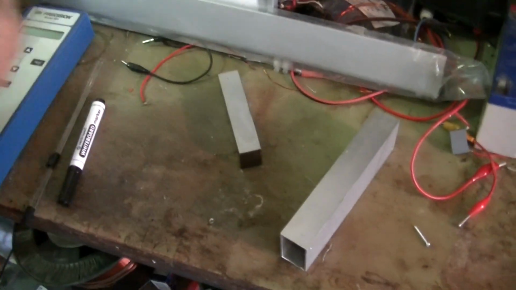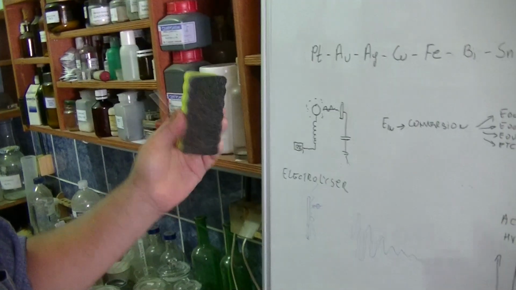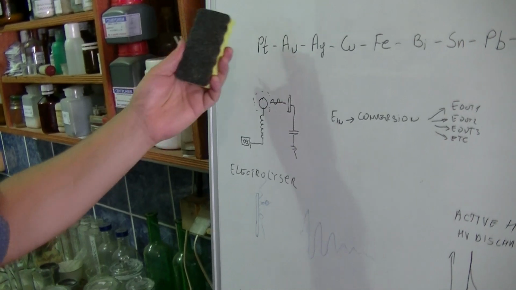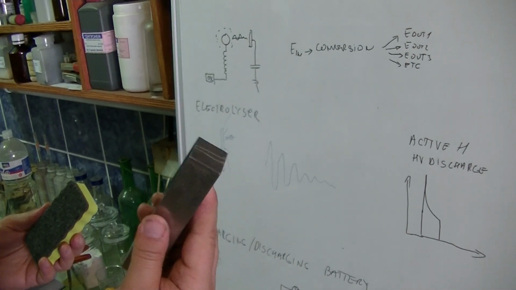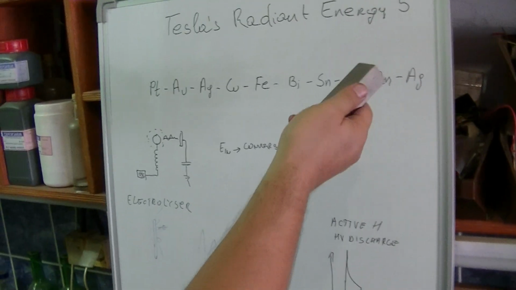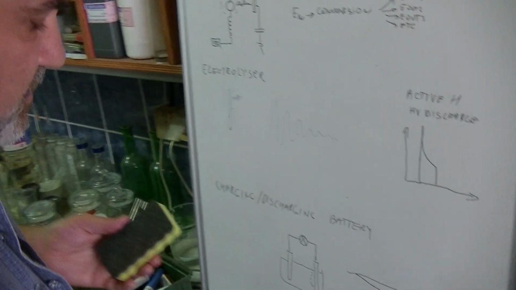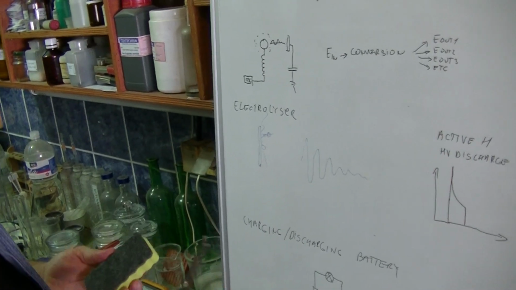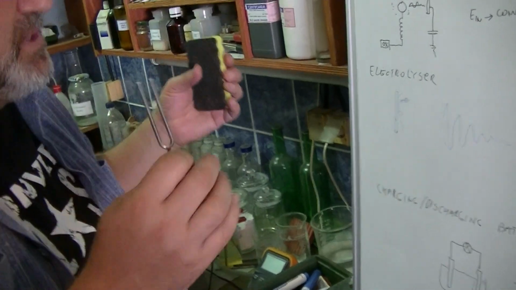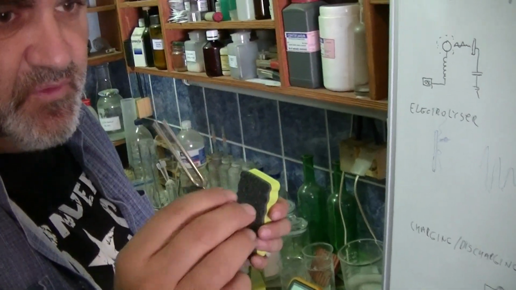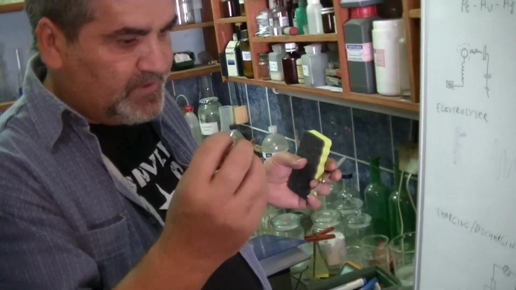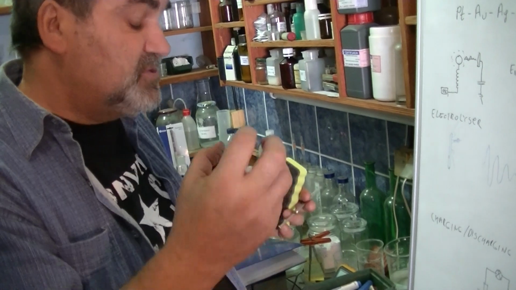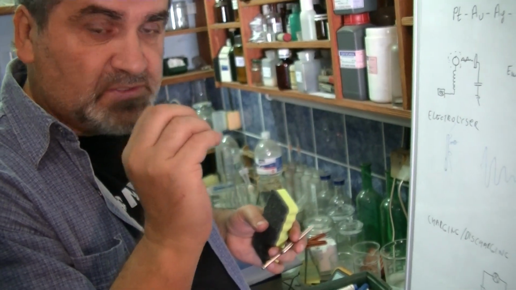To understand it, make an analogy: imagine that this sponge is an analogy of platinum, and this iron bar is an analogy of zinc or lead. Every matter has its own oscillation, like this tuning fork, so an atom of hydrogen or a hydrogen ion has its own oscillation.